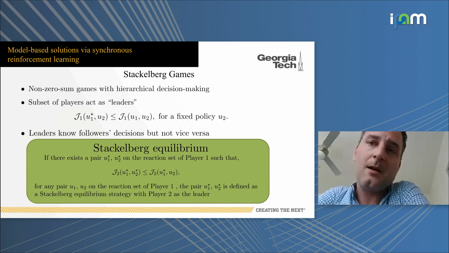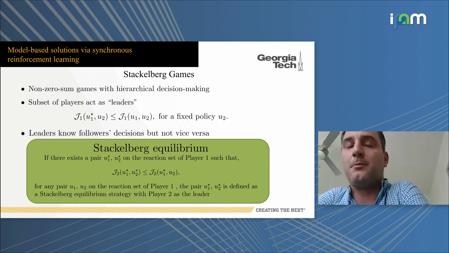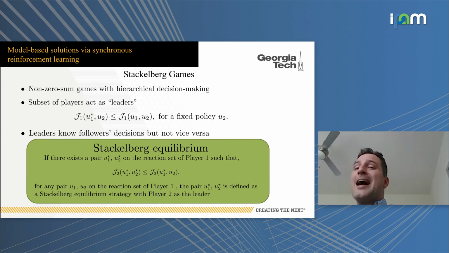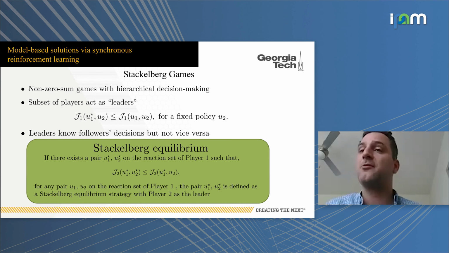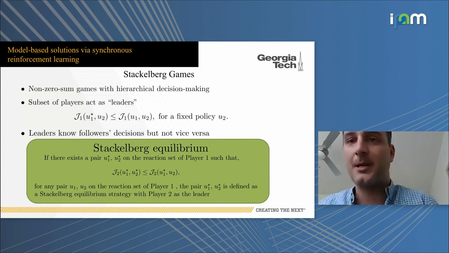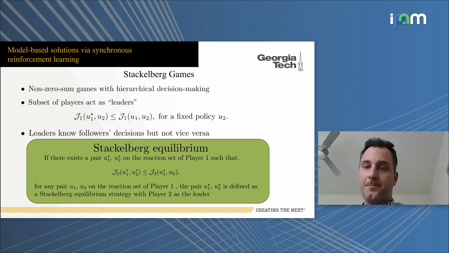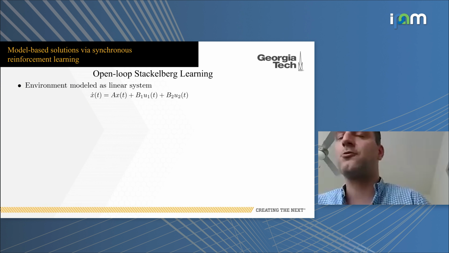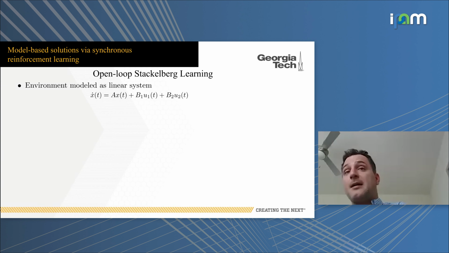This is just a classical Stackelberg equilibrium definition. Suppose there exist U1 star and U2 star on the reaction set of player 1, then for any pair U1, U2 on the reaction set of player 1, the pair U1, U2 is defined as a Stackelberg equilibrium with player 2 as the leader. In order to solve such things, let's again assume a classical controls problem, where U1 is the follower and U2 is the leader.